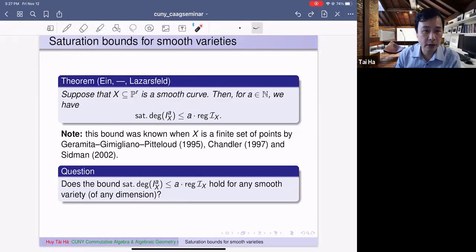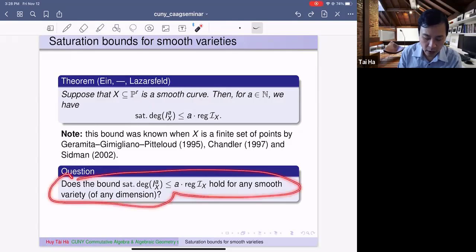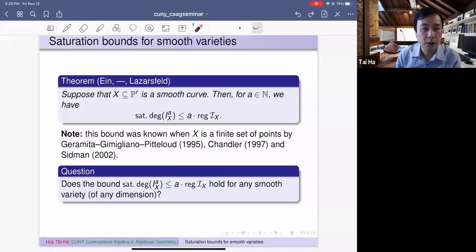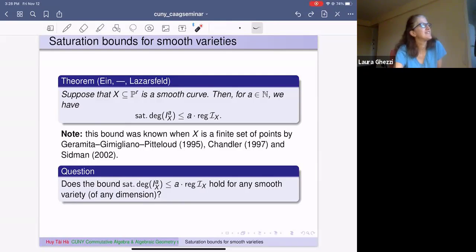We don't see any reason why it's not true. It's just that our techniques can only handle the case of curves. So we don't know what to expect with this question, whether or not this bound is still valid in any dimension. Do you know anything for surfaces?